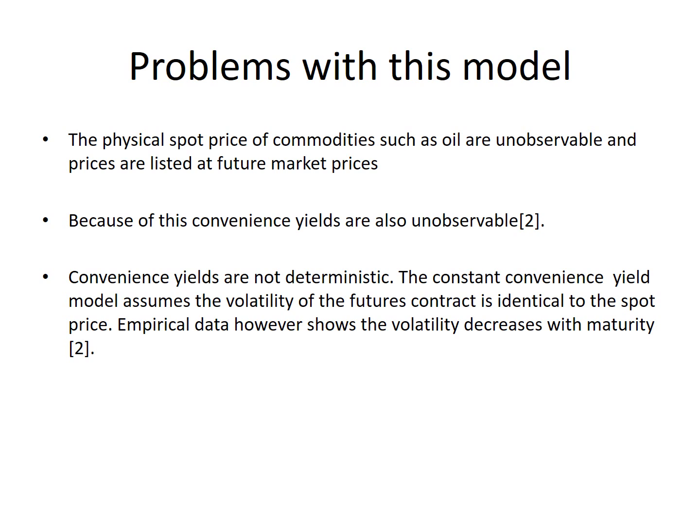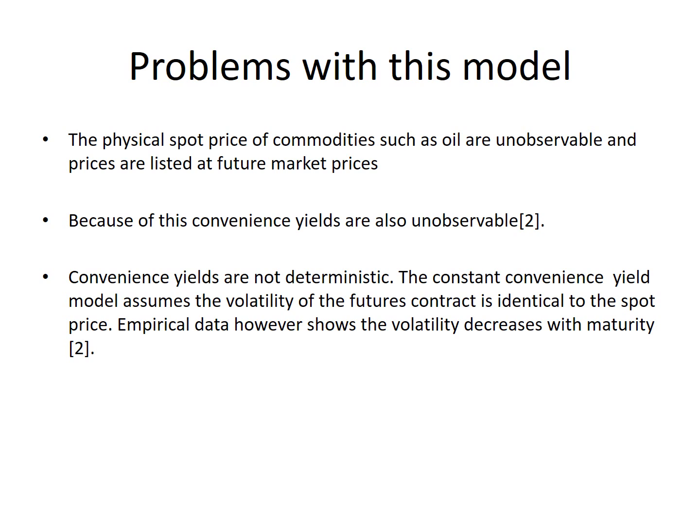Because of this, convenience yields are also unobservable. Because if we don't know our spot price, then how can we work out our convenience yield by using our future price and our spot price? That's not possible. The next thing we have is convenience yields are non-deterministic.